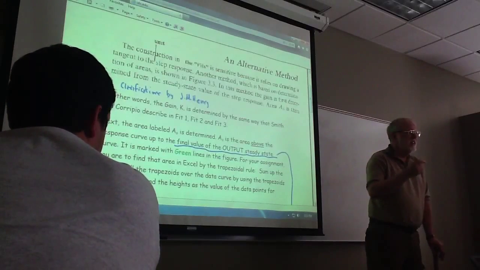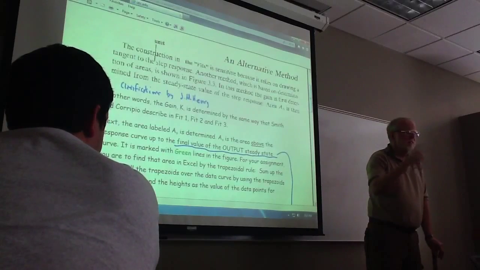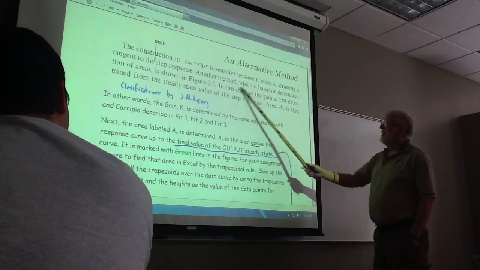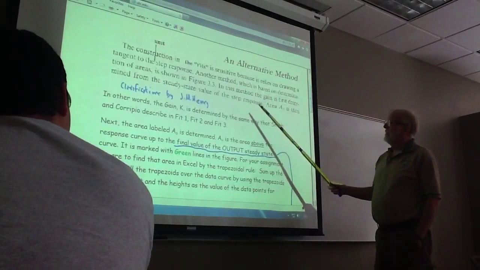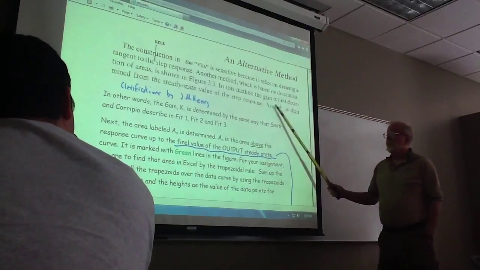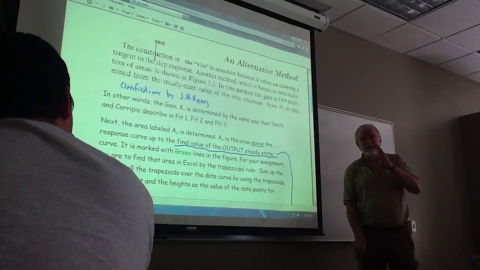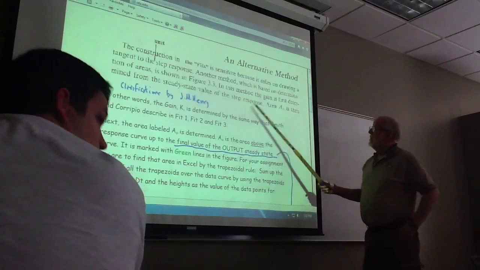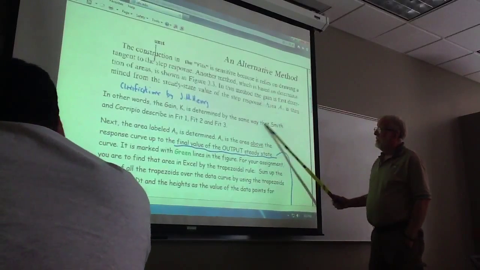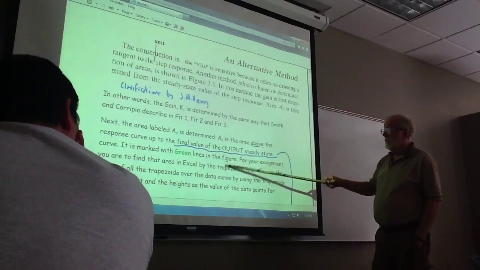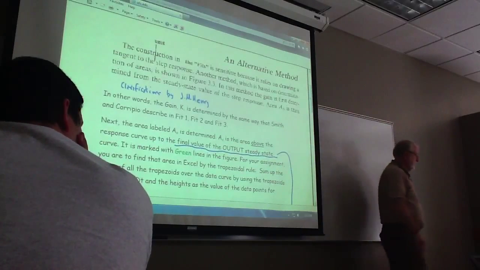That's the most inaccurate part of that process. This process has another method. It's based on determination of areas. Areas are much more accurate to calculate than our slopes. Okay, let's scroll down a bit.